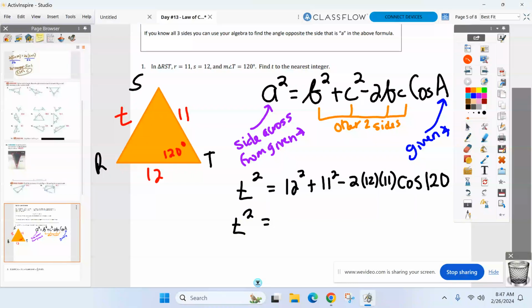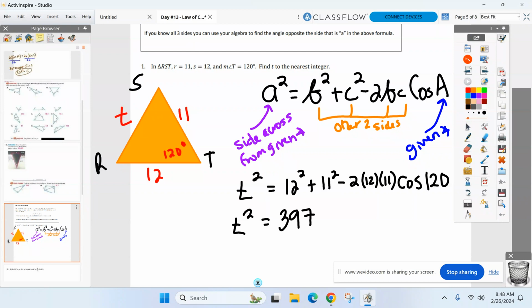Now, that number you're seeing in your calculator is not the side length, right? 397. That looks a little ridiculous with an 11 and a 12, doesn't it? But that's what T squared equals. Everyone's getting 397? Just type it all in your calculator, one shot. That's T squared.